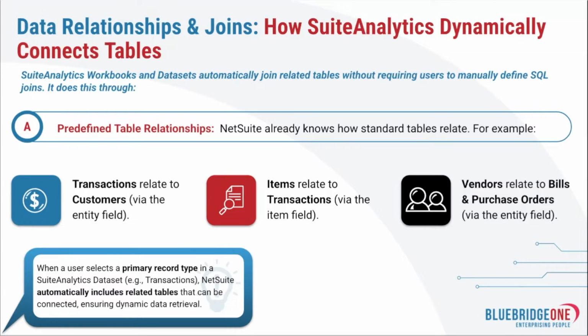The inventory and operational teams can connect item, inventory, and purchase order records to monitor stock levels and supplier performance. Executive reporting. Business leaders can generate a single report showing revenue, expenses, profitability, and cash flow across subsidiaries.